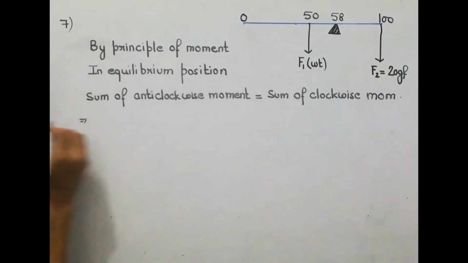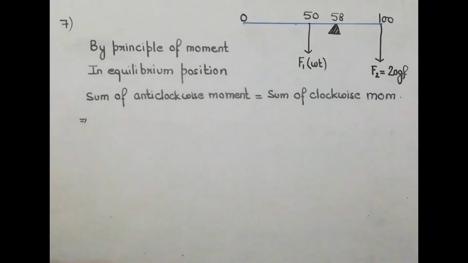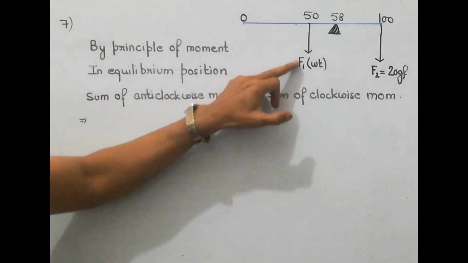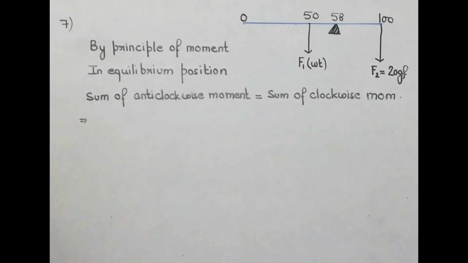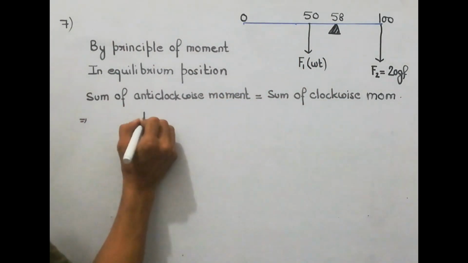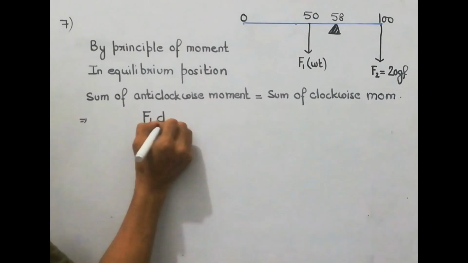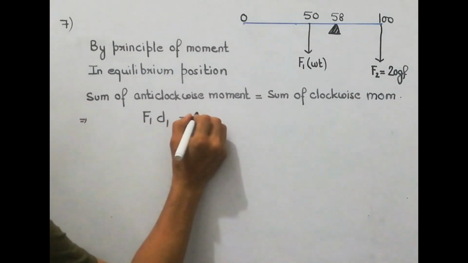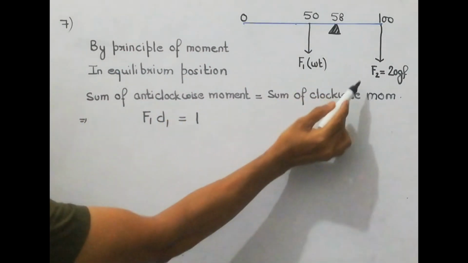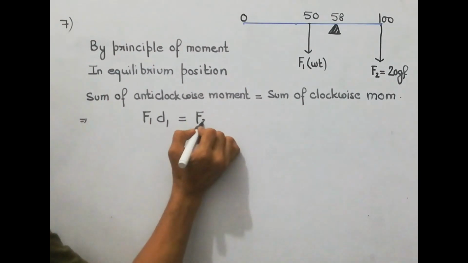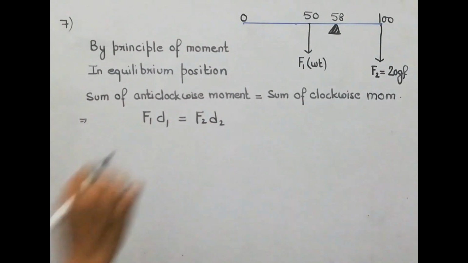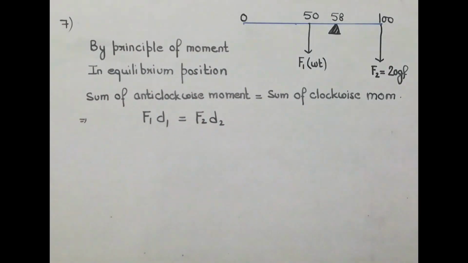Now you have seen the diagram, which of the forces is producing anti-clockwise moment. You can see F1 is producing anti-clockwise moment, and F2 is producing clockwise moment. So we are going to write it this way: F1 d1 is equal to F2 d2.